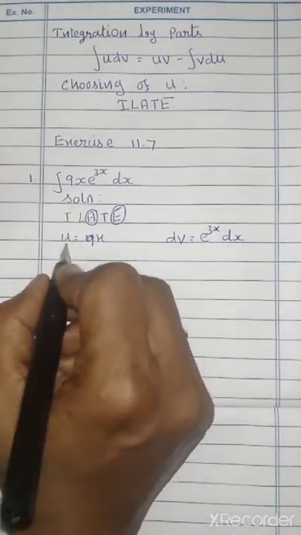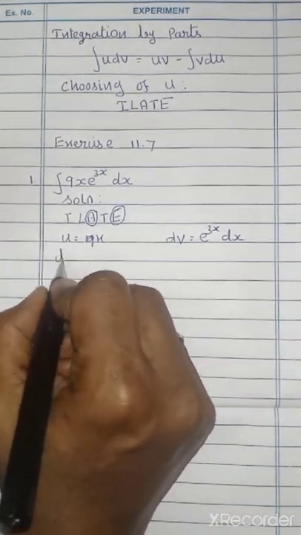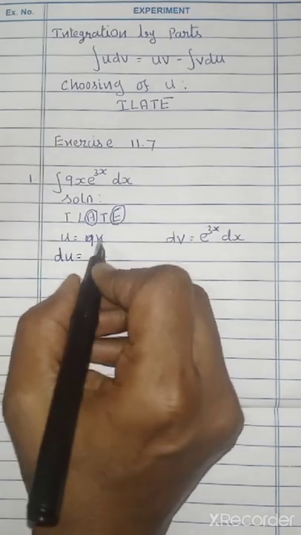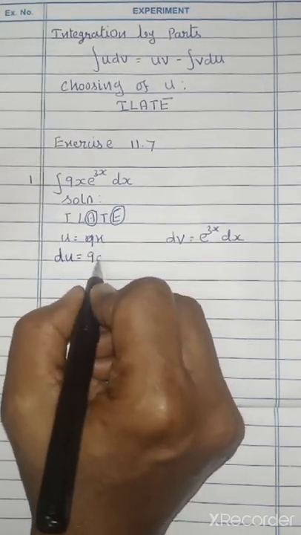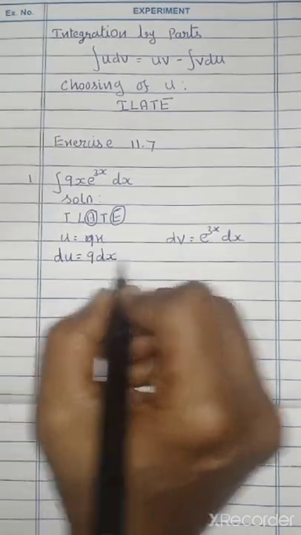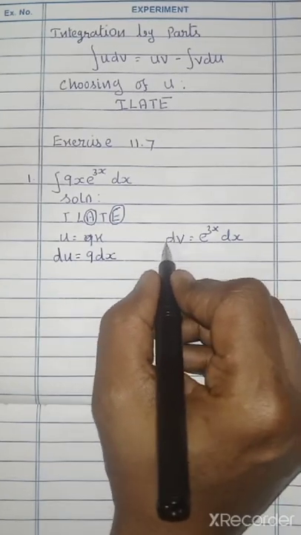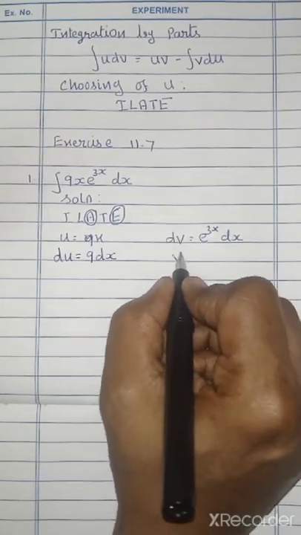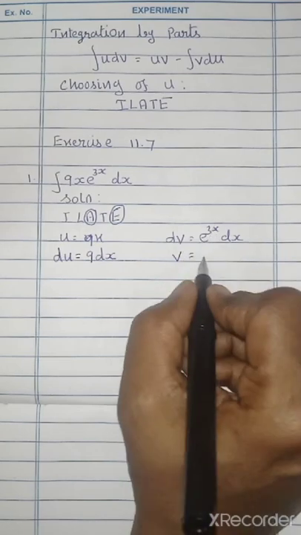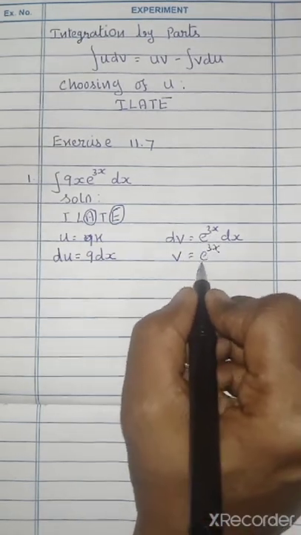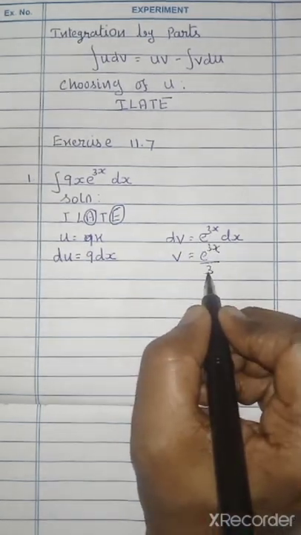Differentiation of u is du, this one 9, and differentiation of x is dx. Similarly, if you integrate dv, you will get v. So integrating e power 3x, you will get e power 3x by 3.